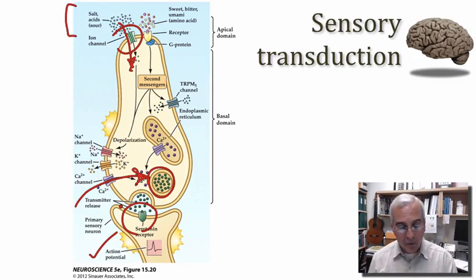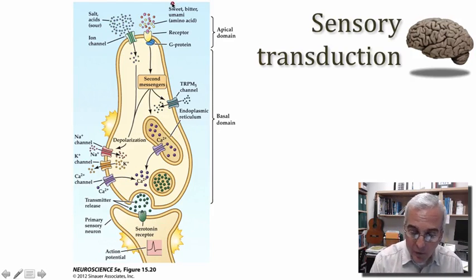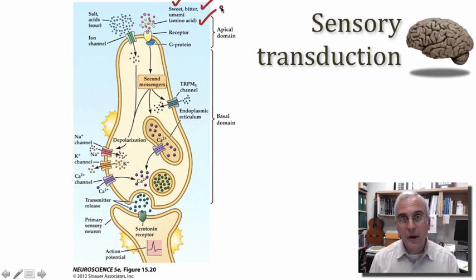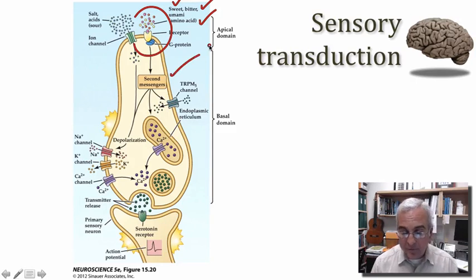Well, other categories of tastants, specifically those tastants that we perceive as being sweet, being bitter, and again this delicious amino acid taste that seems to be distinct in various ways. These tastants interact with G protein coupled receptors. Now, we've talked quite a bit about this category of receptors, so I hope it's now familiar to you. It's a 7-transmembrane protein that is associated on its cytoplasmic surface with G proteins. And these G proteins go on to activate second messenger systems.